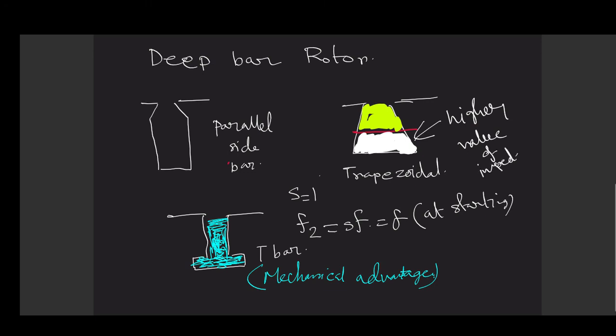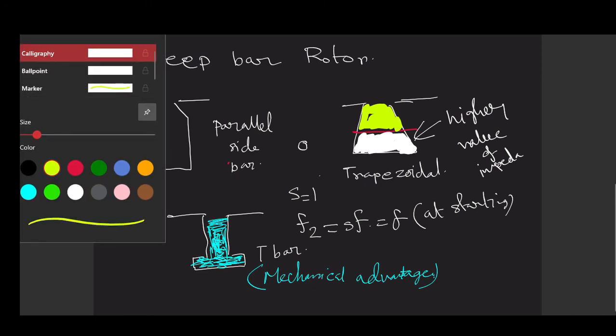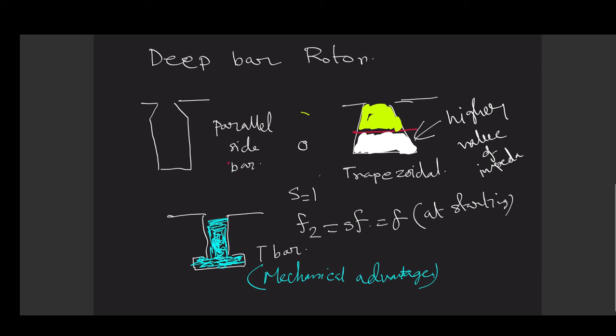So what will happen? The total bar appears to the current like current is water, and you have two pipes. One is this white color pipe, another one is the green color pipe, and the white color pipe diameter is this much and the green color pipe diameter is this much. So which one will the water prefer?